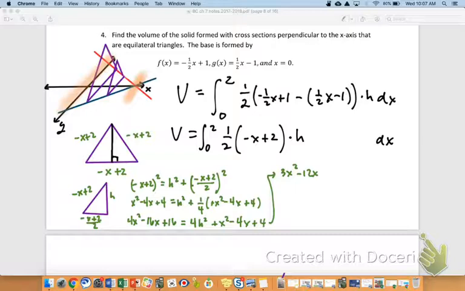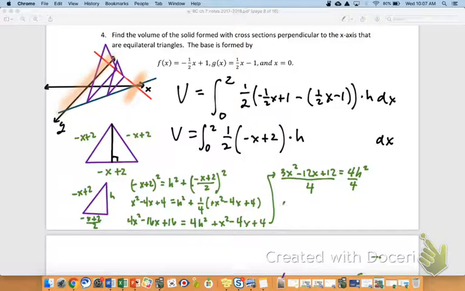Sure, yeah. Let's see here. Plus 12 equals 4h squared. And then I would divide by 4, and then square root.